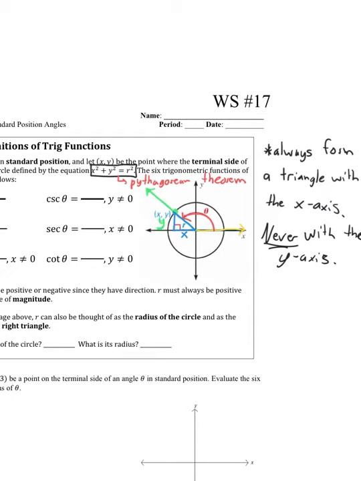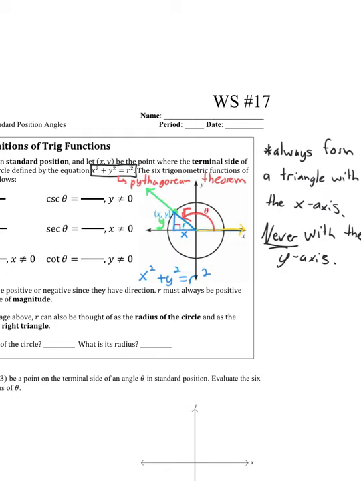And then the hypotenuse of the triangle is also the radius of the circle. That's where the letter r comes from. And that's why it's x squared plus y squared equals r squared, because we're just taking the x value, the y value, and the r value to form the Pythagorean theorem there.